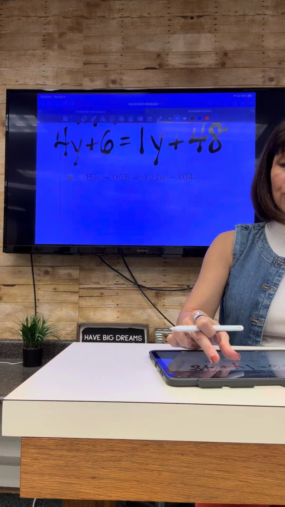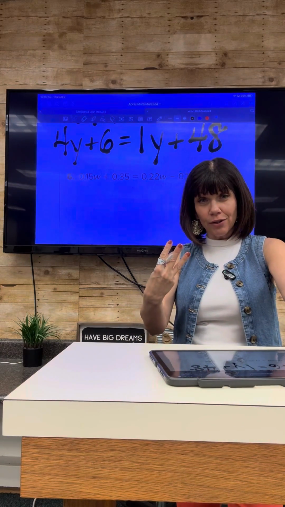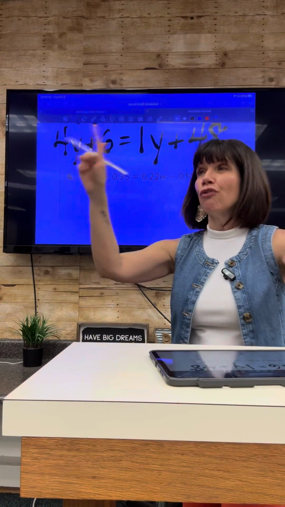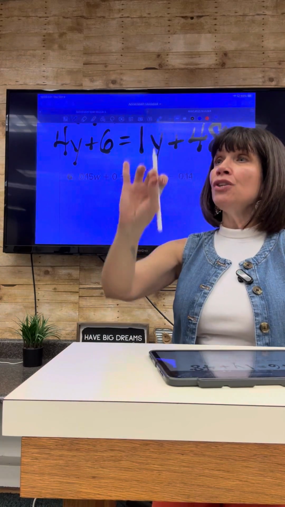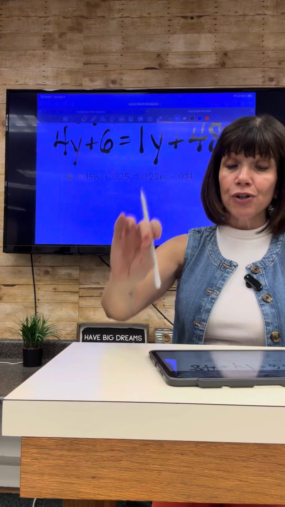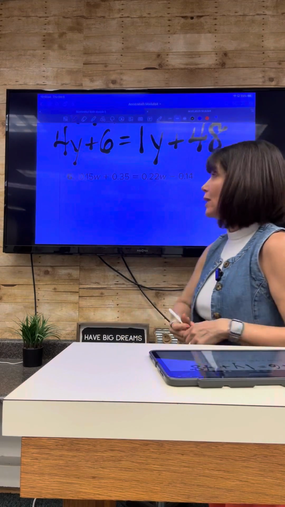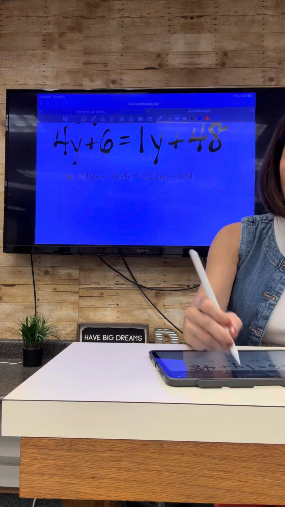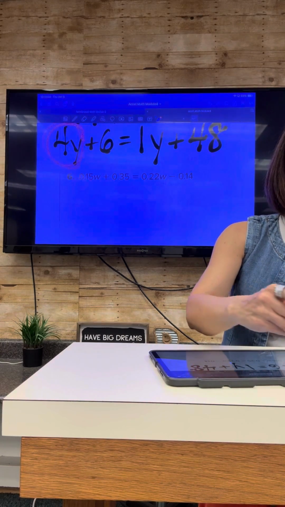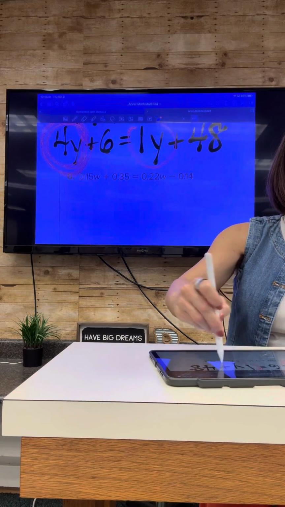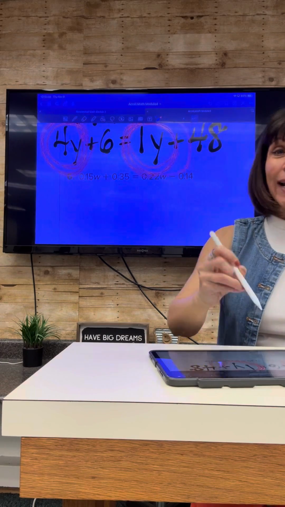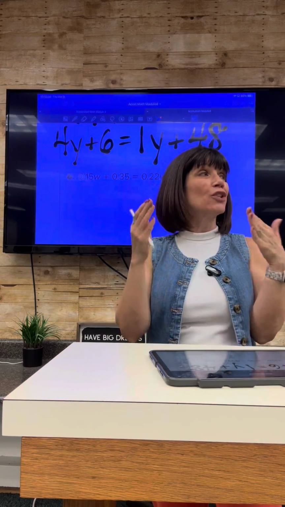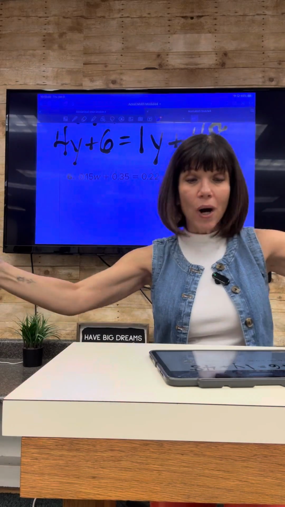Now we are ready to use the 3 steps we are using in today's lesson. First step, undo the lesser value variable. So class, first of all, what 2 choices do I have? I am looking at 4y, I am looking at 1y. Really tough question. Which one is worth less? 1y.